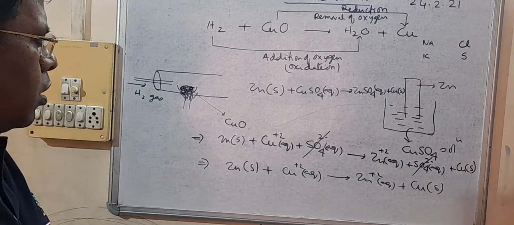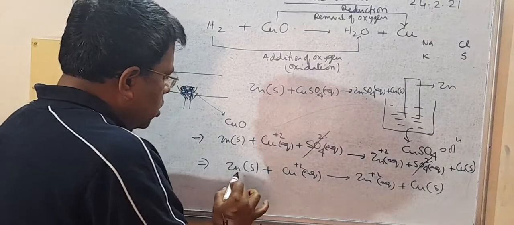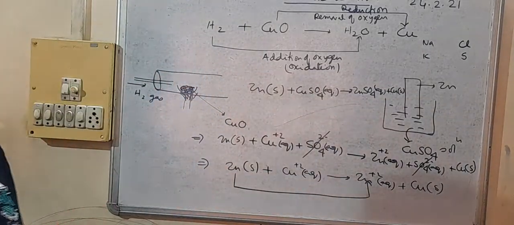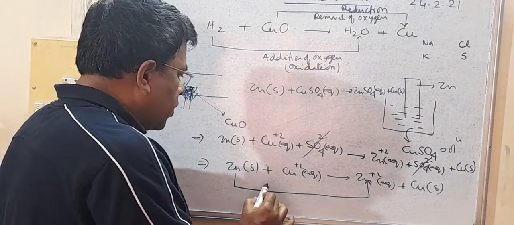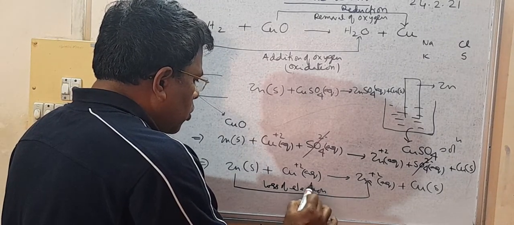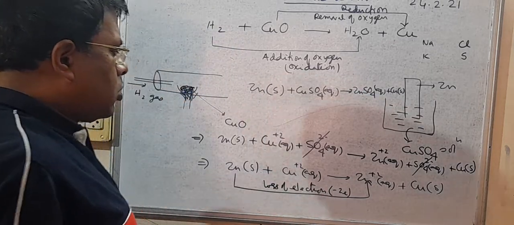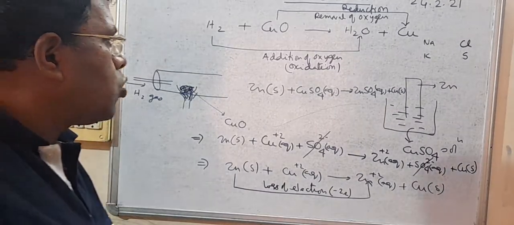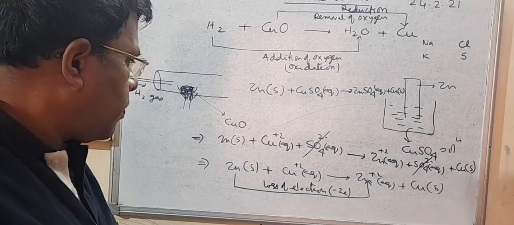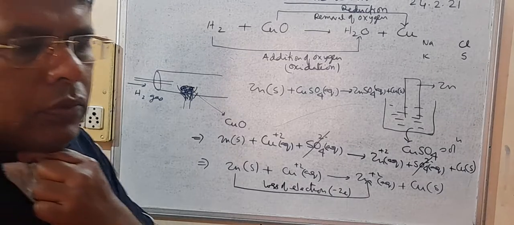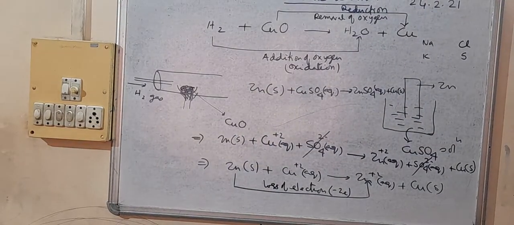Now if you see the change in this way, zinc to Zn2+, what is happening? Loss of electron is taking place, 2 electrons. And according to the modern concept, the electronic concept, loss of electron is called oxidation.